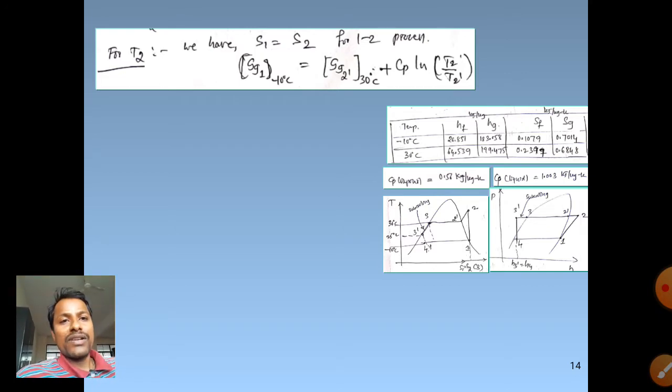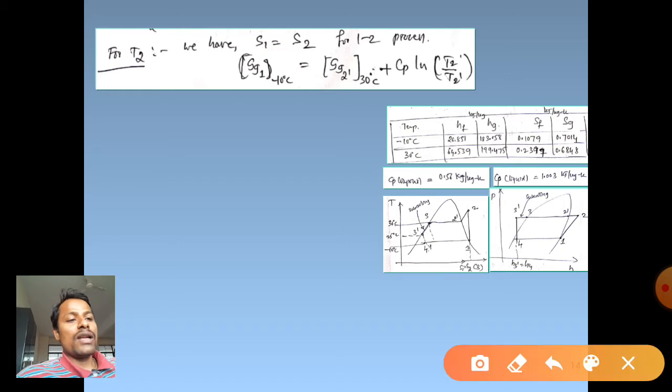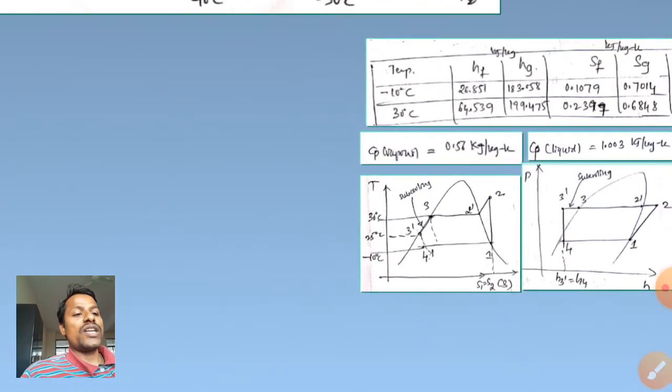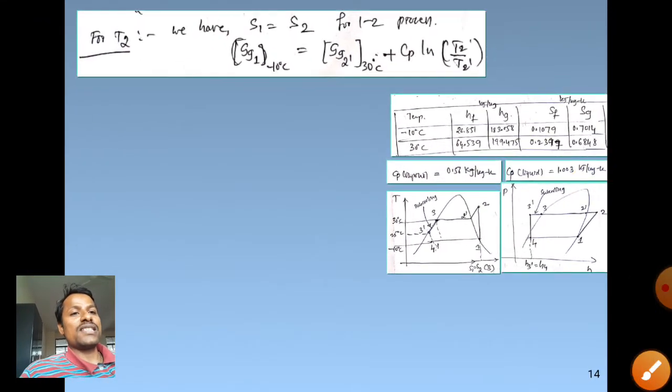For calculation of T2, as usual we consider the process 1 to 2, which is an isentropic process, wherein S1 is equal to S2. S1 is the entropy at state 1, which is Sg1, at minus 10 degree Celsius.